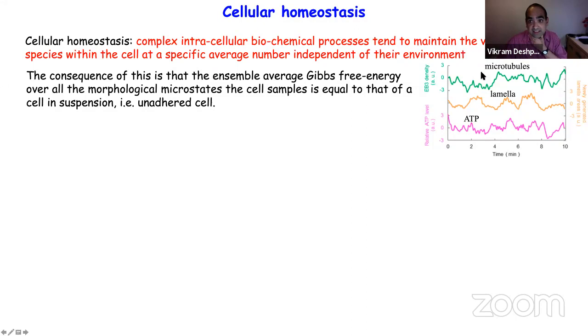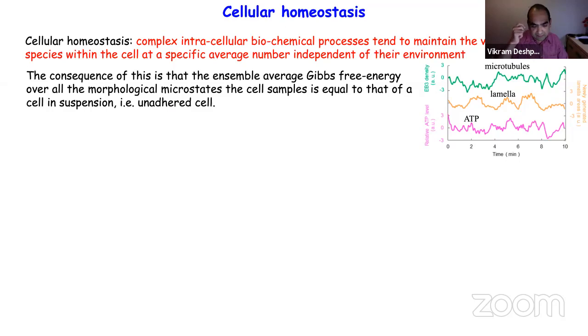Cellular homeostasis in this context, I'm going to define it, which is the sort of cellular definition of homeostasis, is that the complex biochemical processes that occur inside the cell tend to maintain the various molecular species within the cell at a fixed specific average number independent of the environment. Now, this is critical. So sodium can enter the cell, can exit the cell, all sorts of species can enter and exit the cell.